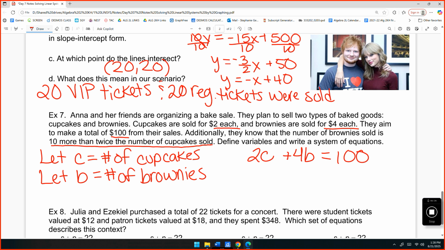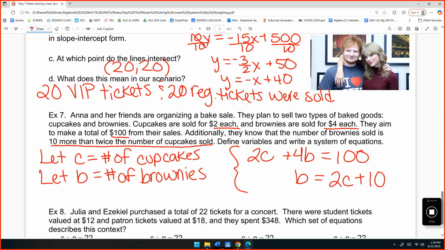So B equals 10 plus 2C, it doesn't matter the order. So twice the number of cupcakes plus 10. Now this is not asking us to solve, but we could from there. So this would be our system.